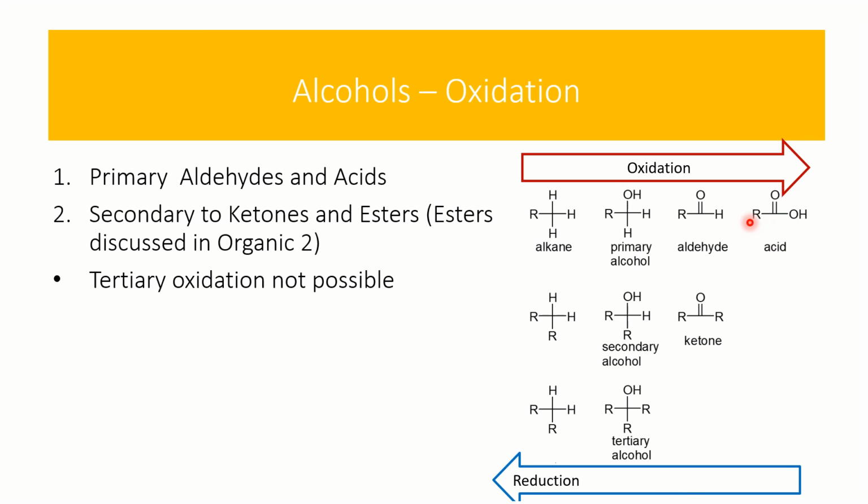The reverse of this process is, of course, reduction, which we've covered already. We can also insert oxygen into a ketone to form an ester, which is not shown here, but this we'll talk about in organic 2, i.e. second semester organic chemistry. Tertiary alcohol oxidation is not possible, so we're just focused on this area here.